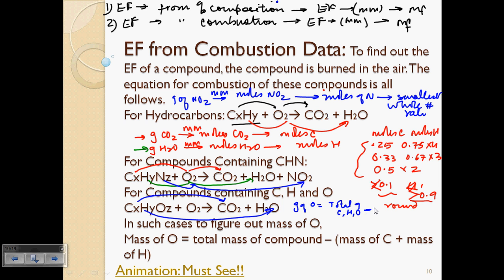From that, if you subtract grams of carbon and grams of hydrogen, that will give you grams of oxygen.